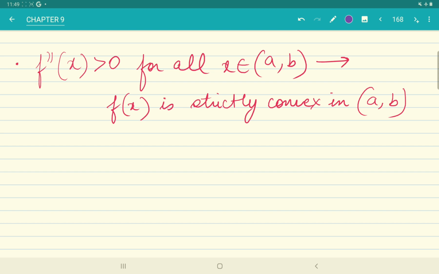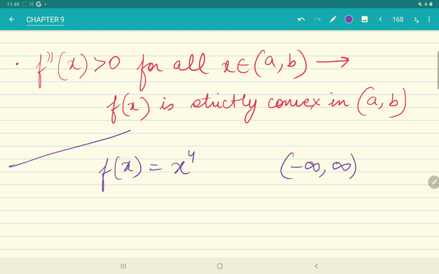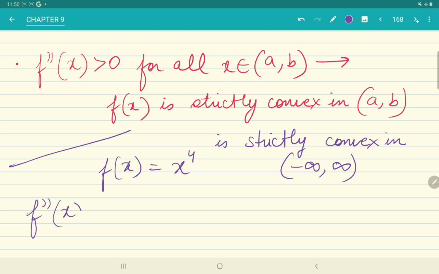We know, and we have done this earlier, that if you have a function f of x equal to x raised to the power 4, we know that this function is strictly convex in this interval. But we know that f double prime x is not greater than 0 everywhere.